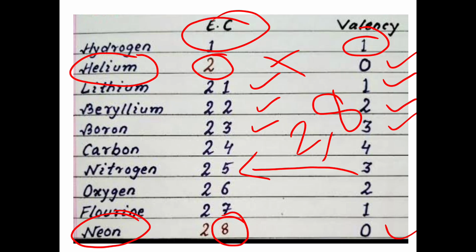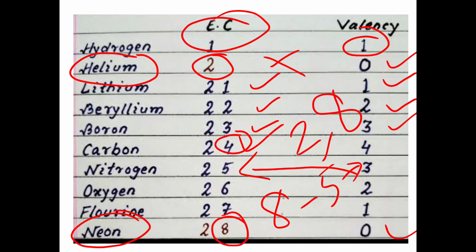So this is the rule. If the outermost shell is having more than 4 electrons, then the formula is you have to deduct the number from 8. See, 8 minus 5 is equal to 3. The valency is 3.